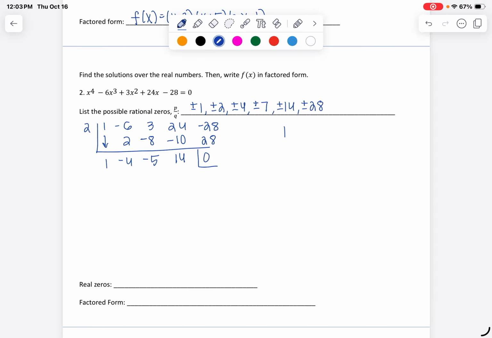You can write it separately here and do 1, -4, -5, 14, and start over here, or you can just continue off of this one, which is what I'm going to do. I'll switch colors to distinguish that I'm switching here. But once again, I'm trying to get 0 as my remainder. All right, so you could test 2 again, because 2 could be a repeated factor.